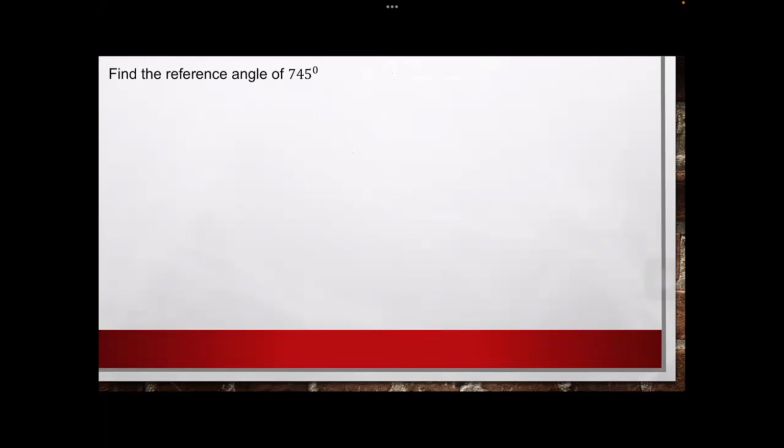So, ang gagawin natin dito, 745 minus. We have to use minus kasi magbabawas tayo para pumasok siya dun sa range. So, minus tayo ng 360. So, let's try. 745 minus 360, the answer will be 394. Now, the question is, 394 belongs to 360? Pasok lang ba siya dun sa quadrant? So, hindi pa. So, magbabawas pa din tayo.